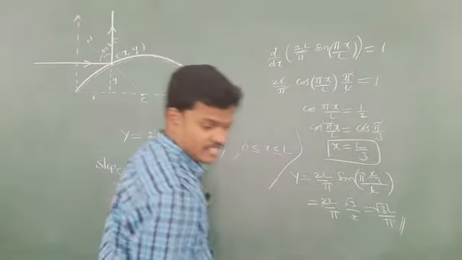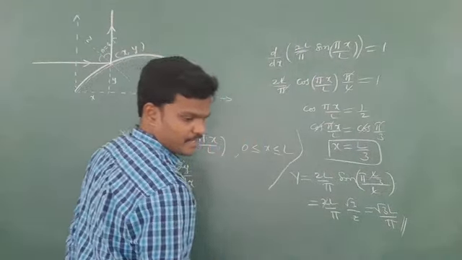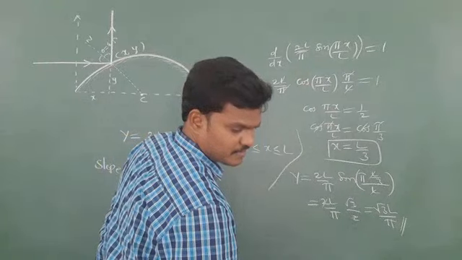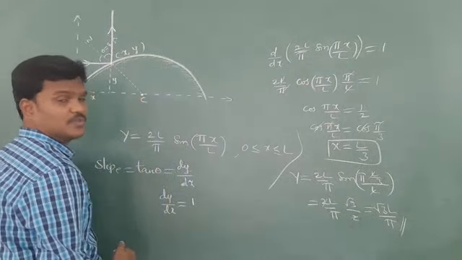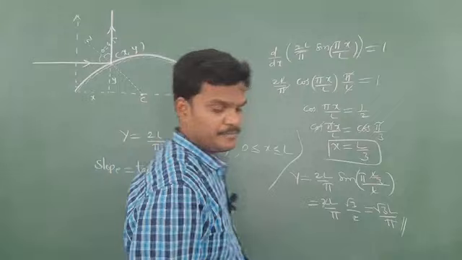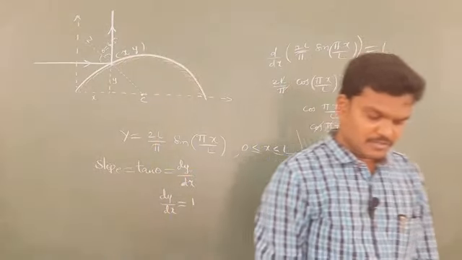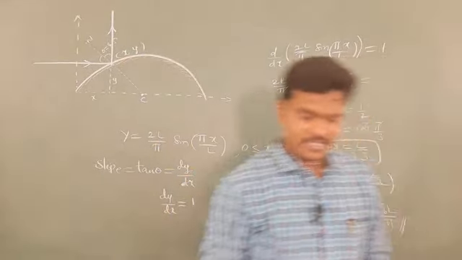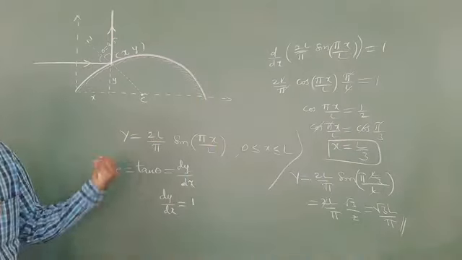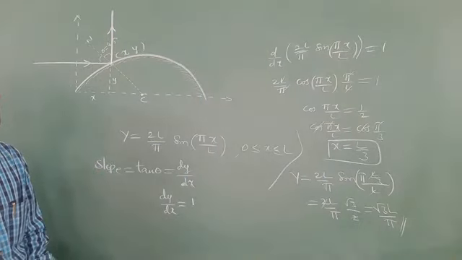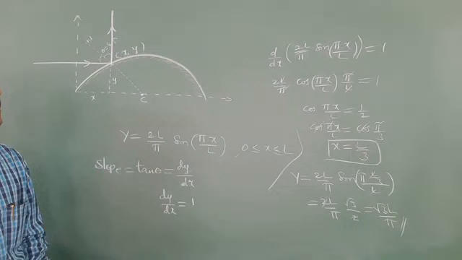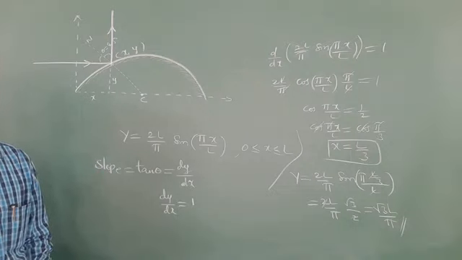Now, what are the coordinates? The coordinates I am getting: x is L by 3 and y is root 3 L by pi. So, these are the coordinates, L by 3 and root 3 L by pi.